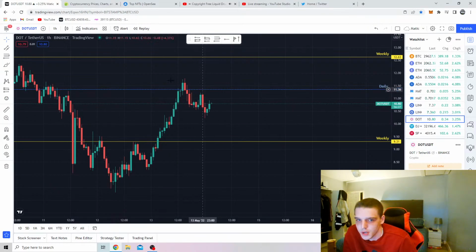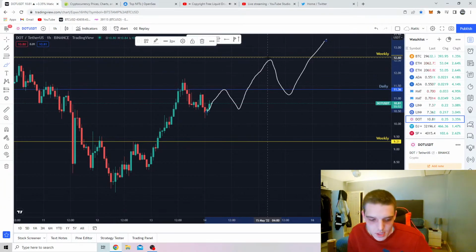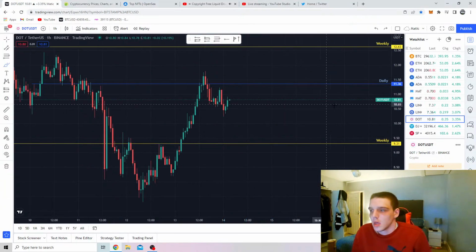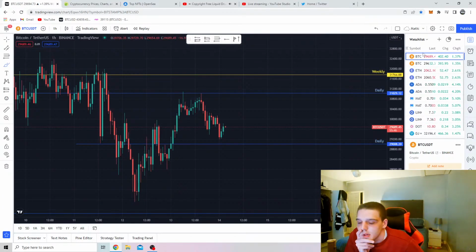But are we going to go up for another test? Essentially like here, come to the bottom here, go up, boom. Again, you want to see the retest. You want to see it come up and then come back down. That builds more strength, it builds more of a platform for the crypto, and it just makes it look better.